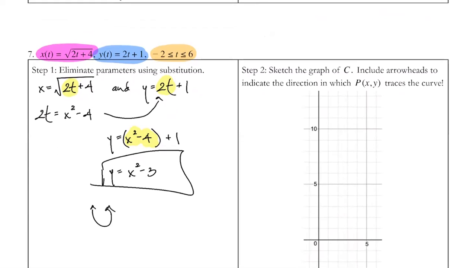And what is the graph transformation that happens to this parabola? All right, it is not to the right 3, folks. It is down 3, okay?